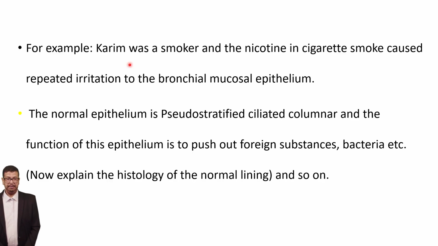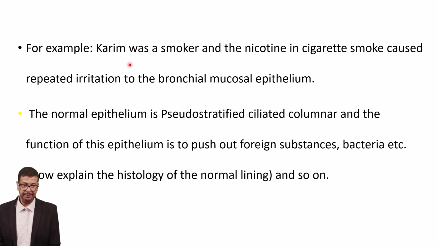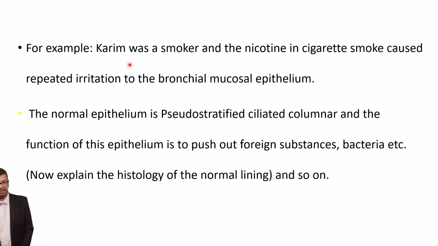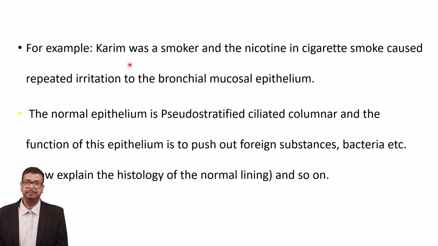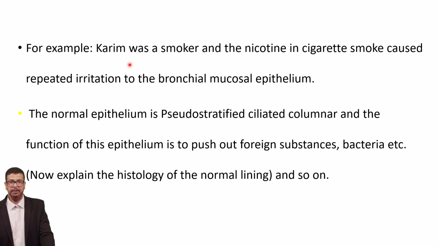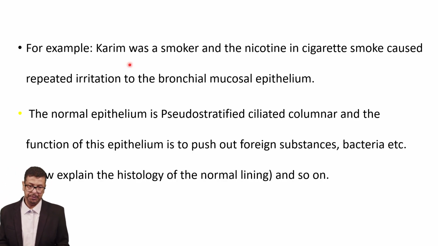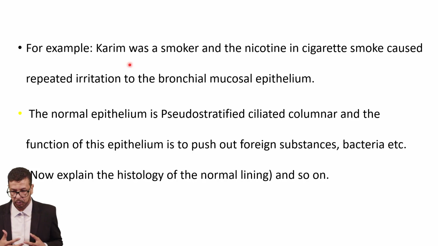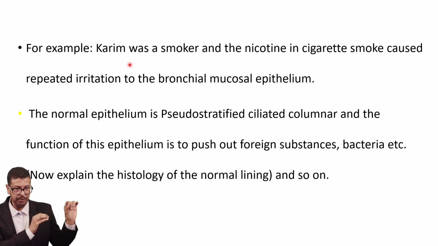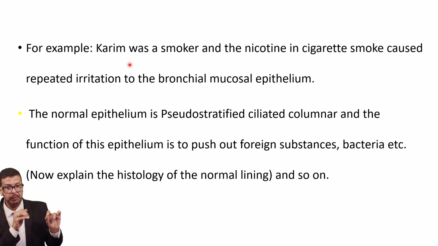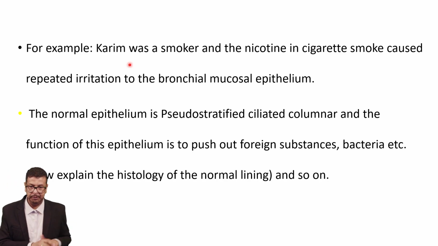The normal epithelium is pseudostratified ciliated columnar, and the function of this epithelium is to push out foreign substances and bacteria. Now explain the histology of the normal lining and so on. So this is an example of how to start, rather than just discussing the histology of the epithelium and so on.